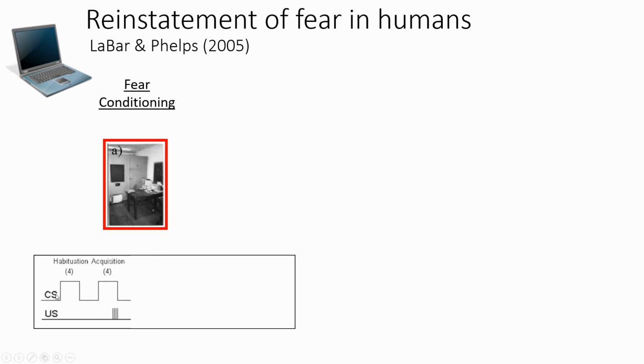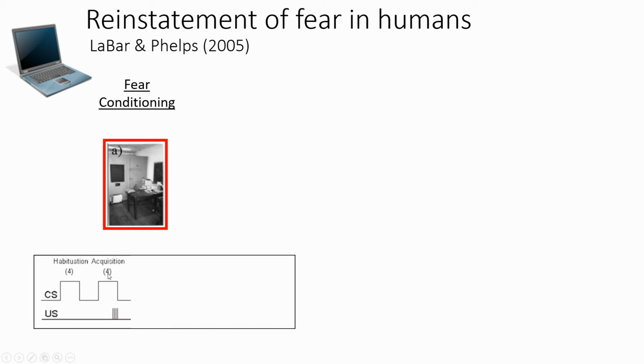So at the very beginning, we'd show our conditioned stimulus, which is just a blue square on a computer screen, and get the participants used to that happening. So for that habituation phase, we're just showing them a blue square on a screen. Conditioned stimulus is there, but it's fine. There's no unconditioned stimulus at this point. It's just a blue square on a screen.